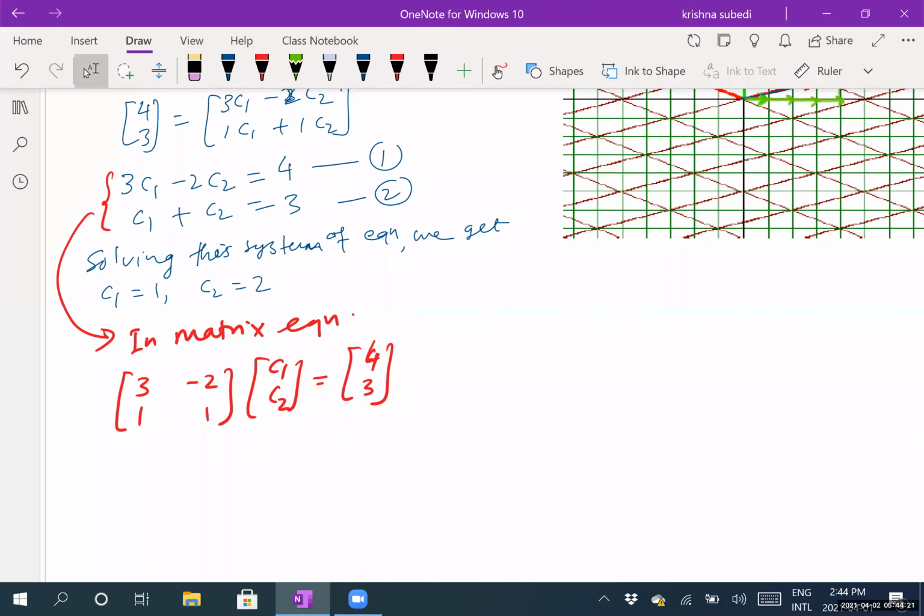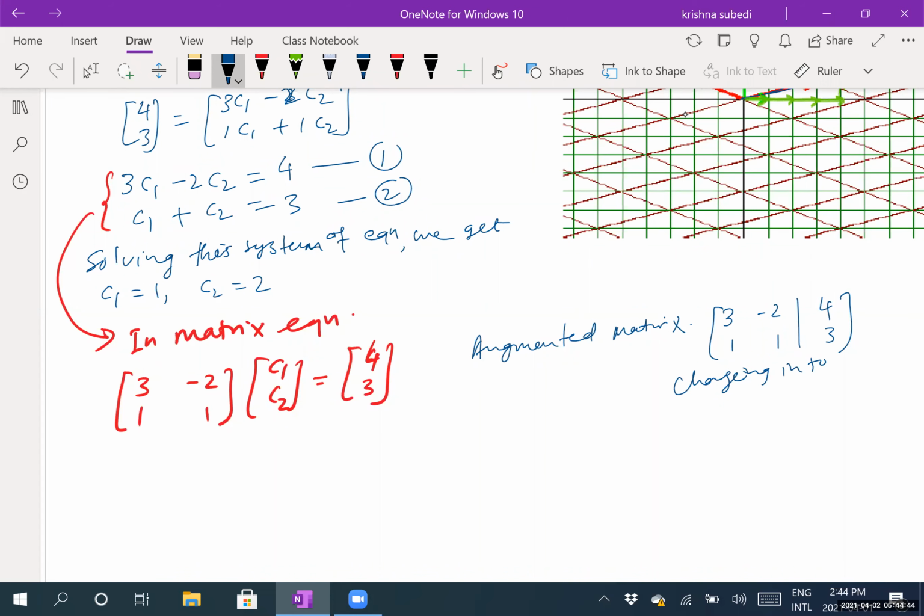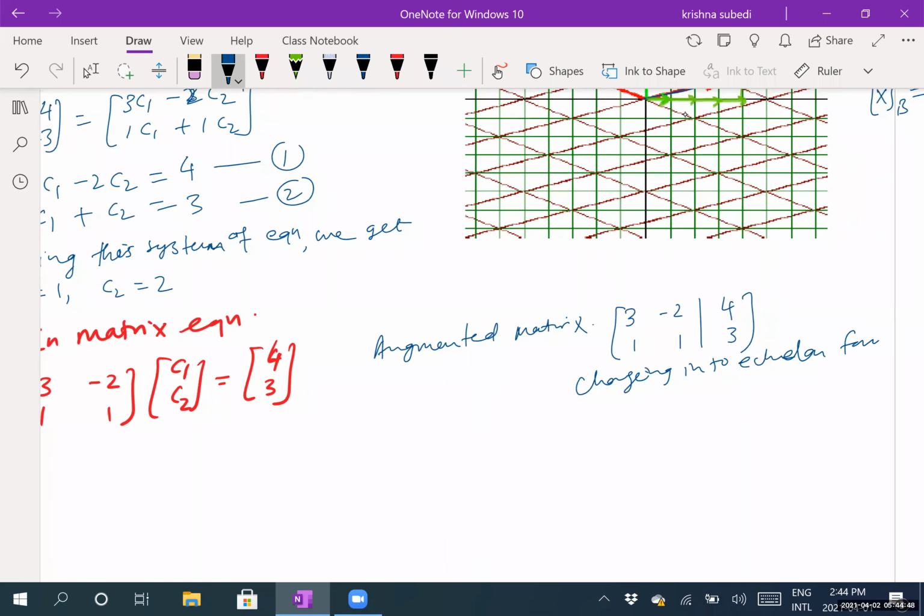And then you can solve it. You can consider the augmented matrix: 3, 1, -2, 1, and then 4 and 3, and solve this by changing into echelon form.